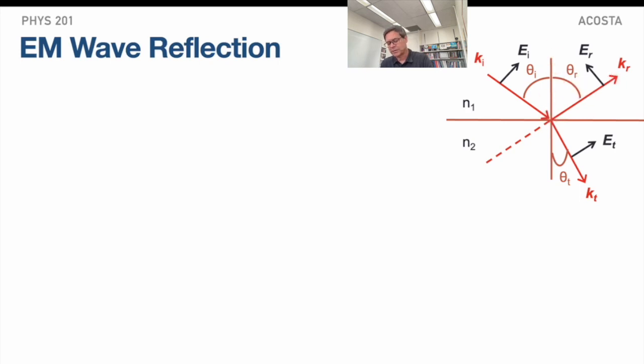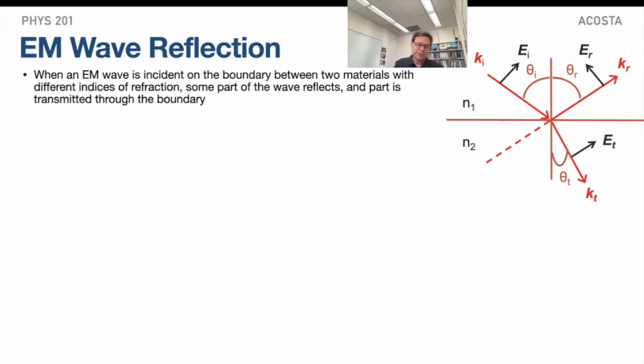For the reflected wave, of course, those two have to be equal by the law of reflection. And we'll let theta t be the angle of the transmitted wave into the new material with index of refraction n2. So basically, to sum up, when an EM wave is incident on the boundary between two materials with different indices of refraction, some part of the wave reflects and part is transmitted through the surface.